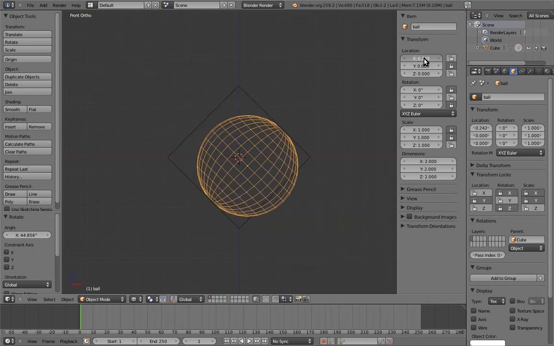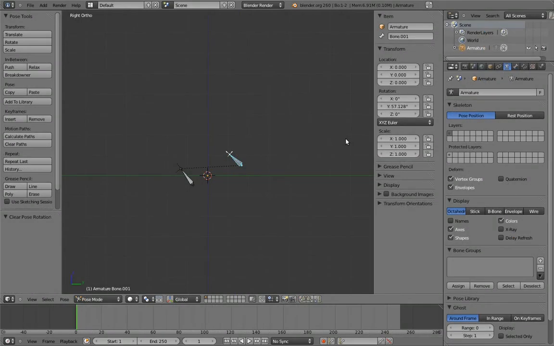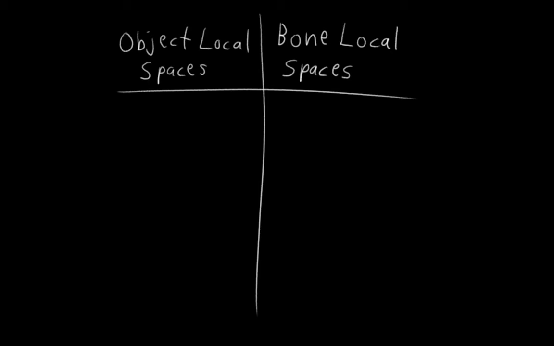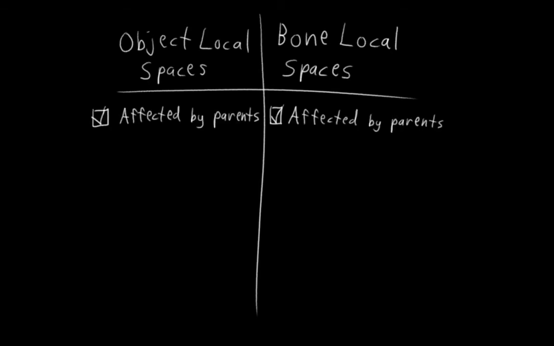We were indirectly changing the local space of the ball via a parent. And that happens with bones as well. If we rotate the parent of this bone, then its local space rotates too. So the local space of both objects and bones is affected by their parents, but only the local space of bones can be directly set by us.